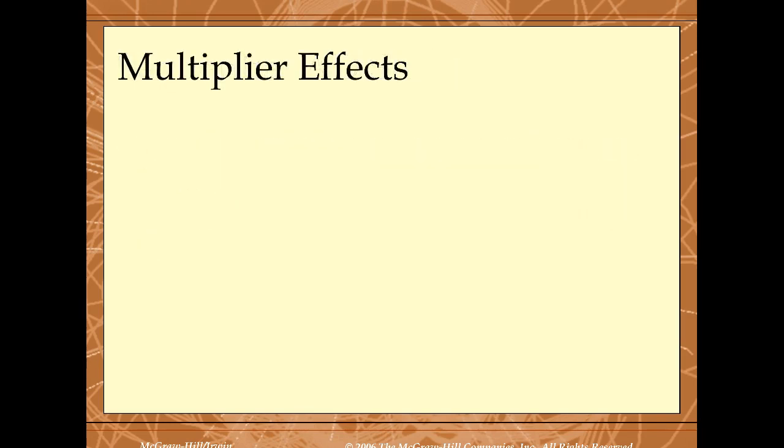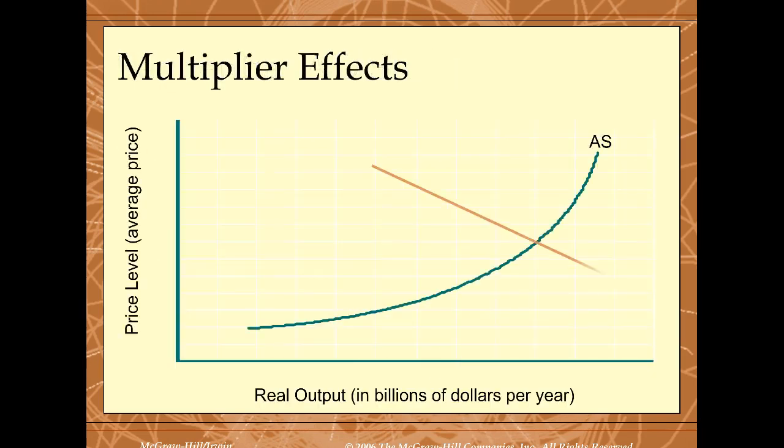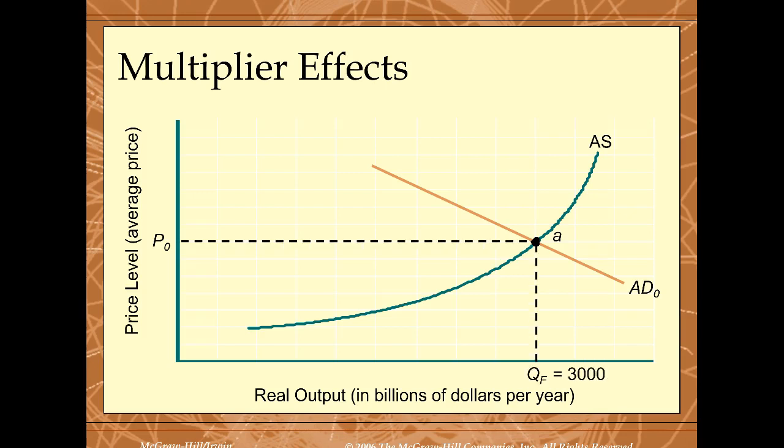Again, let's look at that from an AD curve point of view. Here we have AD 0, and this is where we want to be, right? Right here, $3,000 billion worth of spending on goods and services. But when there's a cutback on spending, that shifts the AD curve to the left by $100 billion.